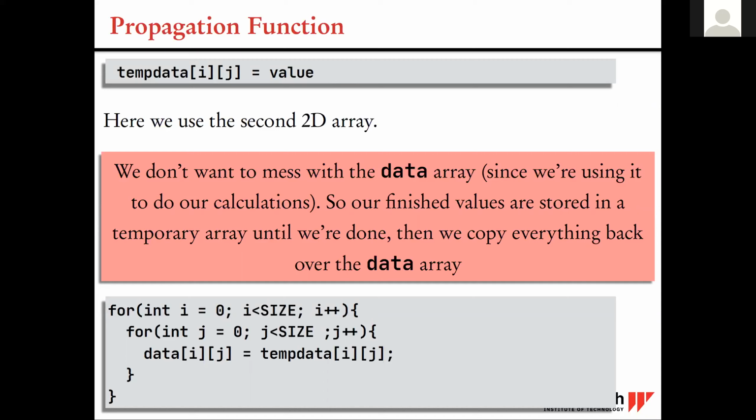Then once we're done with the new data array, we can copy everything back. In a language like C or C++ or Fortran, I would just swap pointers. But in order to make this relatively easy to understand, I'm just going to copy all the data. So everything we have in temp data, we're going to copy into our new data grid, and that's the thing that we're going to update on the next collision cycle.